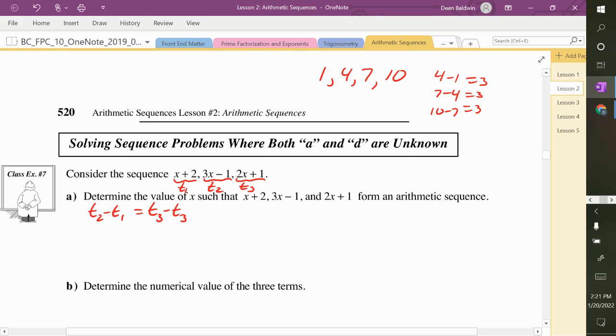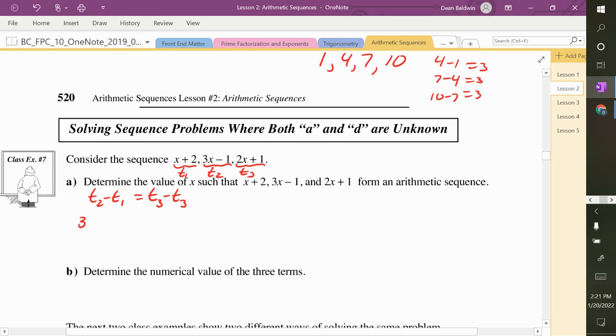You can do it for this, even though it doesn't look like numbers. So what's T2? 3x minus 1. So I can go 3x minus 1, that's T2, minus, what's T1? x plus 2. When you subtract a binomial, what do you need to remember?